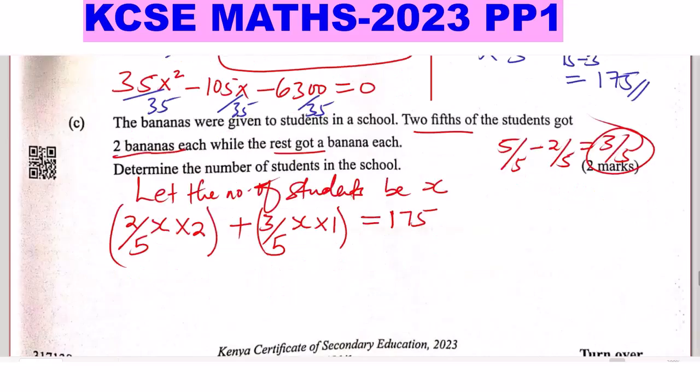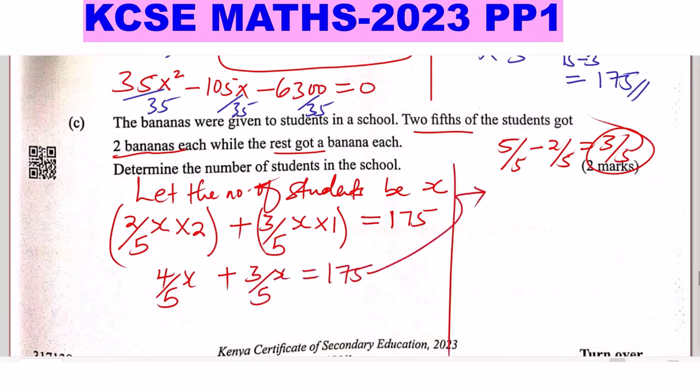So work this out. 2/5 x times 2 gives 4/5 x, plus 3/5 x is equal to 175. Simplifying, 4/5 plus 3/5 gives 7/5 x is equal to 175.